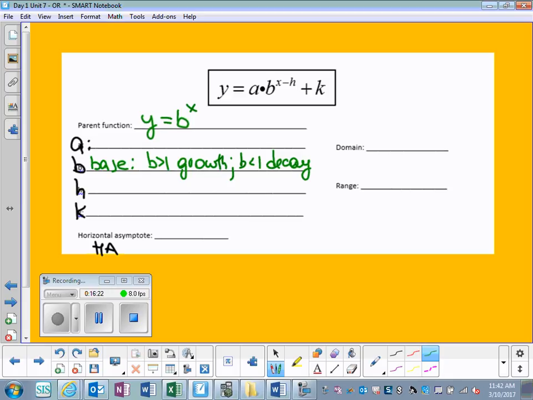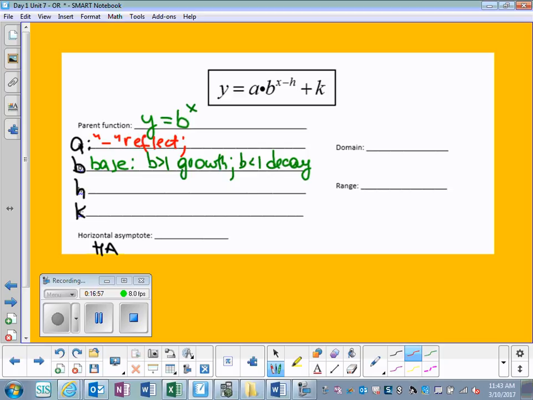Okay, so now remember how we always talked about transformations, our numbers a, h, and k. What does my a do to my parent function? If I multiply my function by number a, first of all, the sign. If the sign is negative, it's what? Reflect. And then we look at the magnitude.